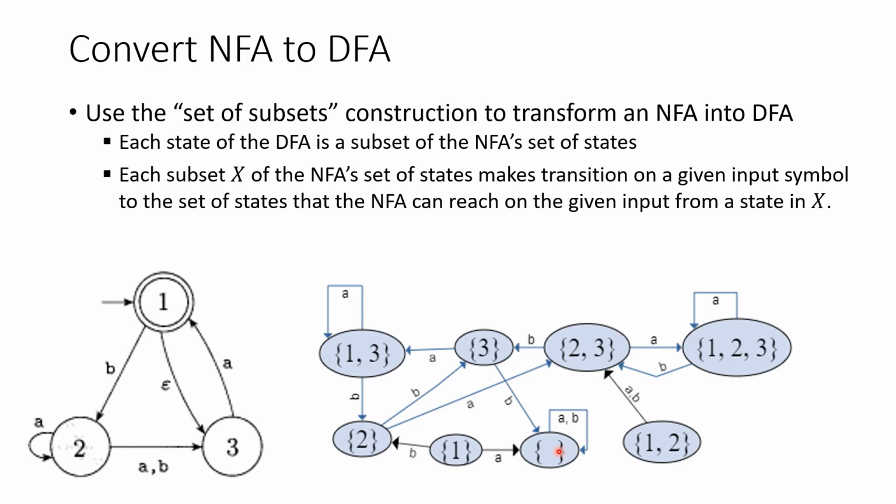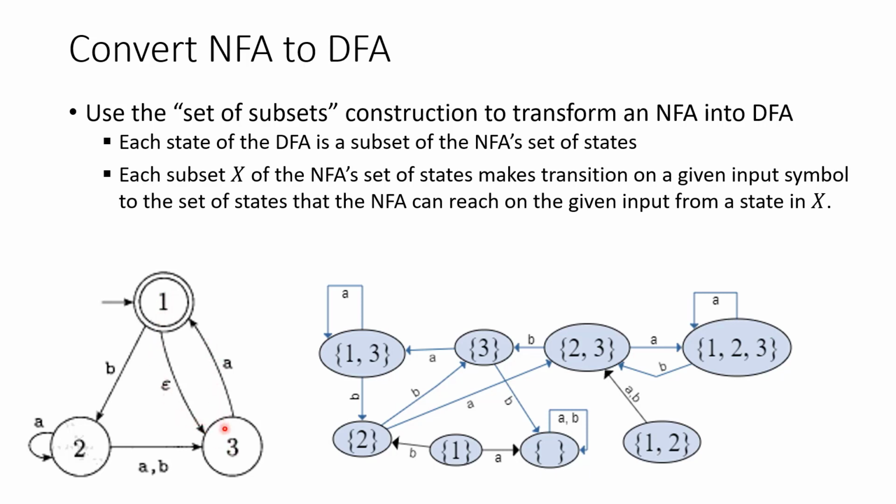And if you look at the state number 3, if the subset X consists of just the state 3 of the NFA, and you look at the input symbol A, then from the state 3 and on the input A, you can go to 1. However, there's an epsilon arrow from 1 to 3.